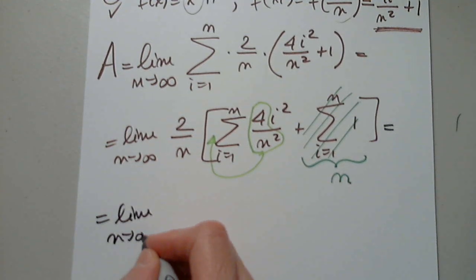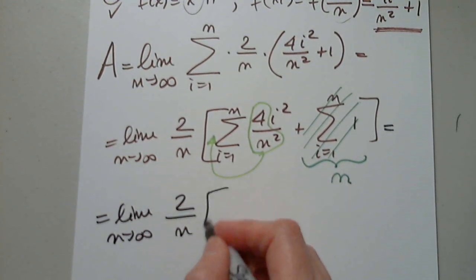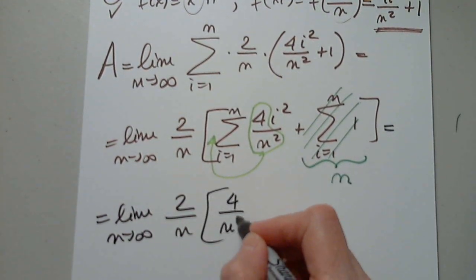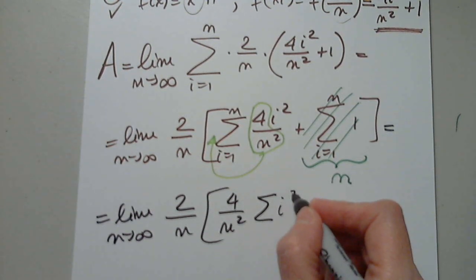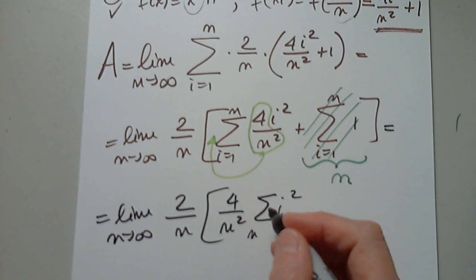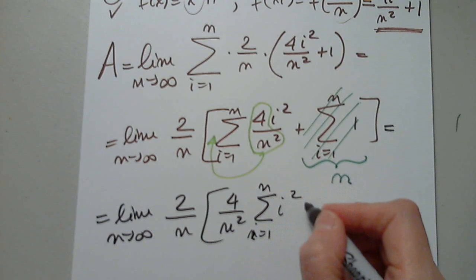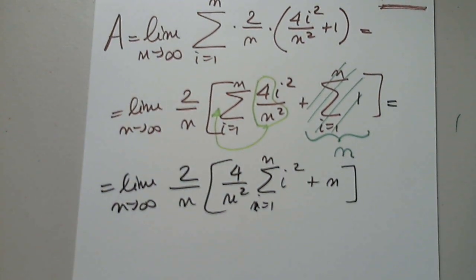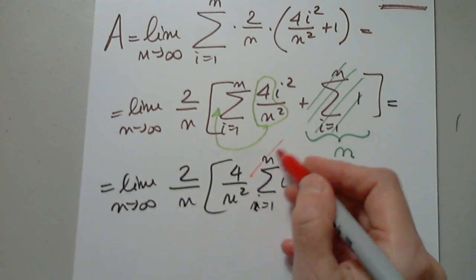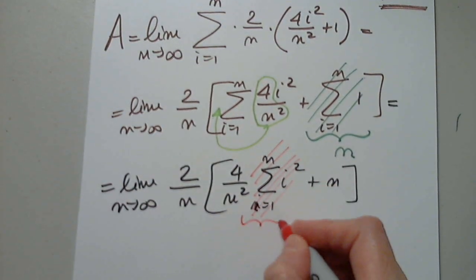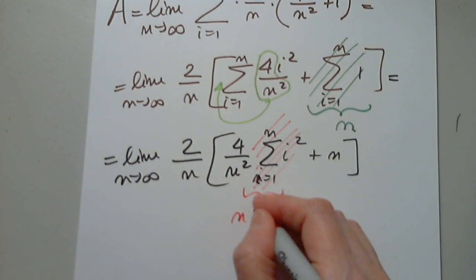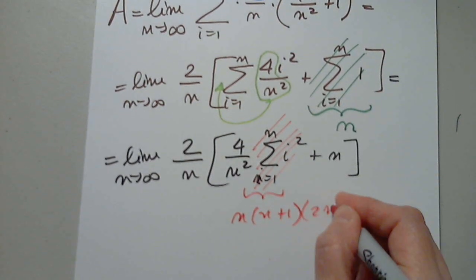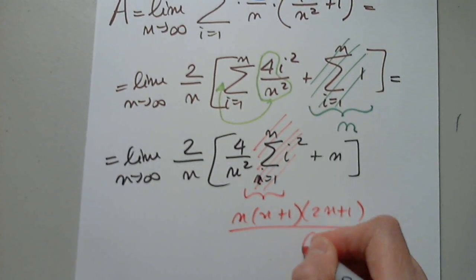Limit n approaches infinity 2 over n, 4 over n squared, the sum of I squared from I equals 1 through n, plus n. But I know a formula for this, the ugly one: n times n plus 1 times 2n plus 1 over 6.